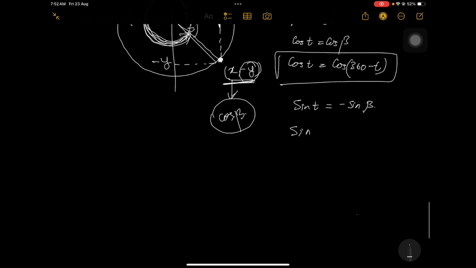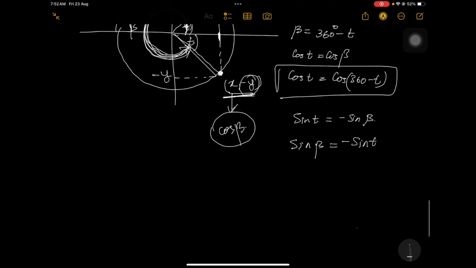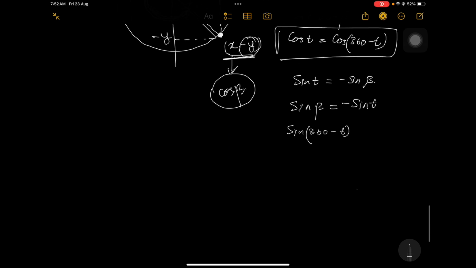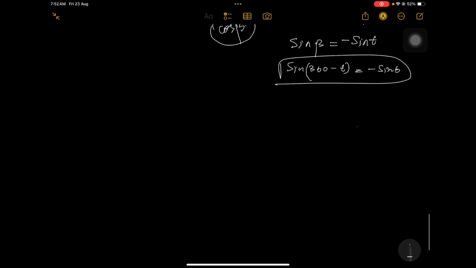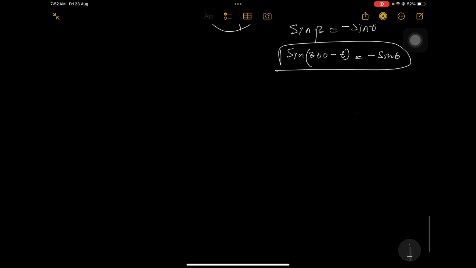Sine beta is going to be minus of sine t. Right? So sine of 360 minus t, where beta is 360 minus t, is going to be minus sine t. So we have just derived all these things from the second and fourth quadrants of this unit circle, but let's make it a whole summary.